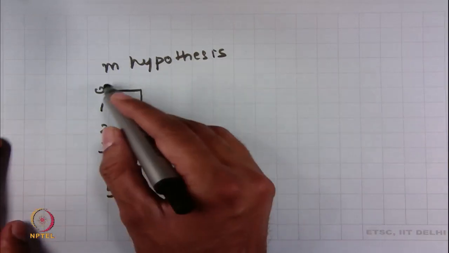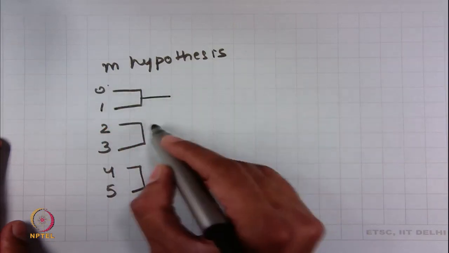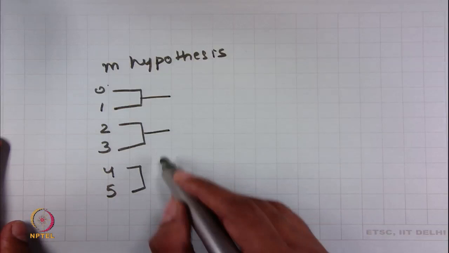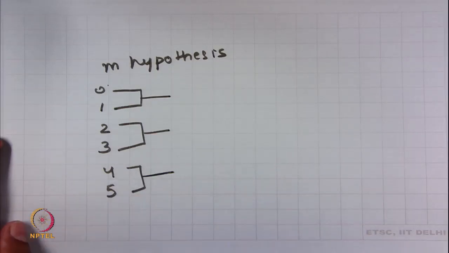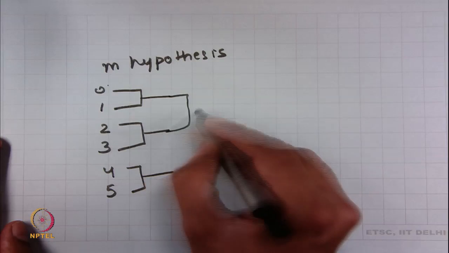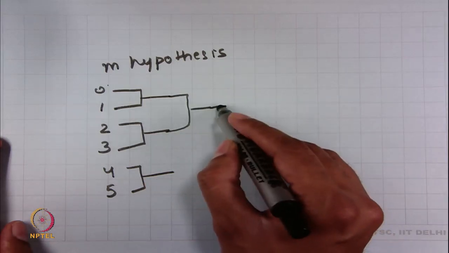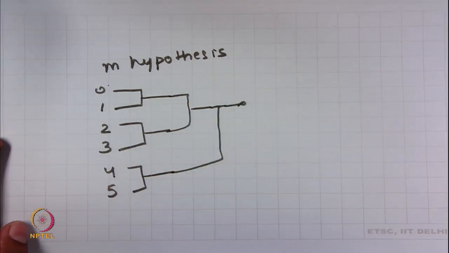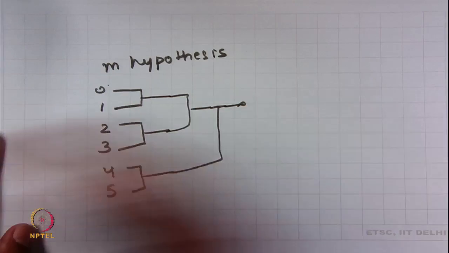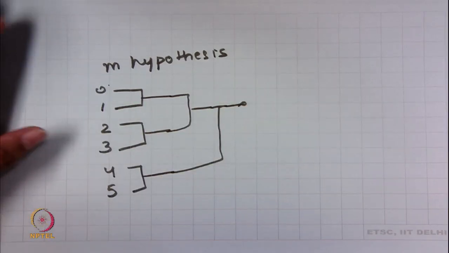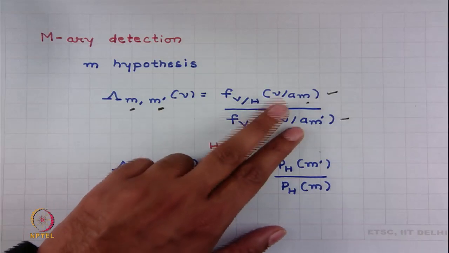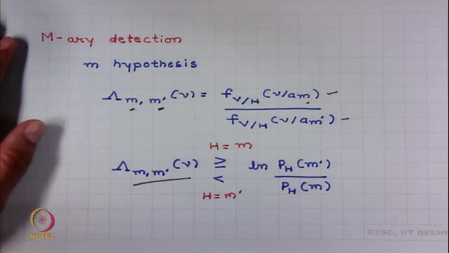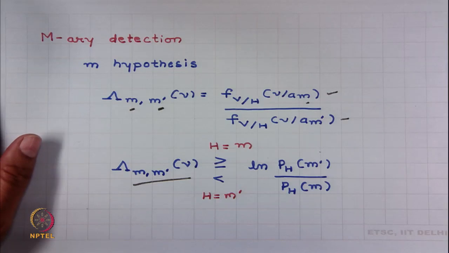We compare this with this and decide on a winner, we compare this with this and decide on a winner, we compare this with this and decide on a winner, and then we compare these winners, and finally you can compare this winner with this, and you get the right hypothesis. So, you can do decoding in this way. This is the only difference in the case of M-ary; everything else remains the same, the likelihood ratios and the likelihoods remain the same. It is just that now you have to make more comparisons.